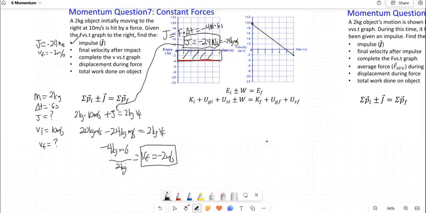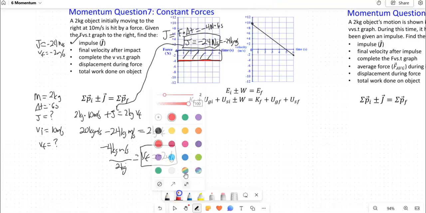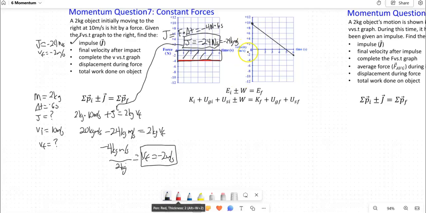Okay, so to find the displacement here, you could take this area, which I'm going to outline with black, this area, and then subtract it from this area right here.